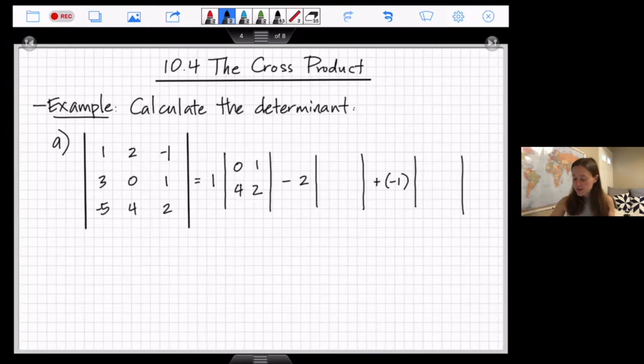I'm going to cross out the 2's row and column. It's going to leave me with 3, 1, -5, 2. And then the last one, that -1 on the end, I'm going to cross out its row and its column. That leaves me with 3, 0, -5, 4.